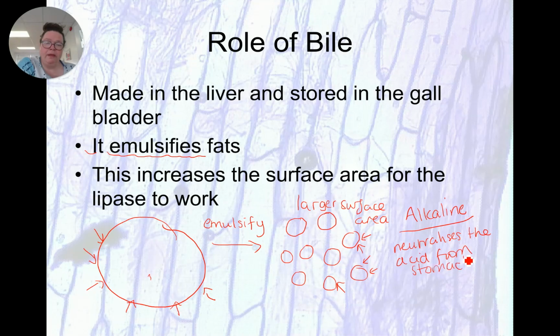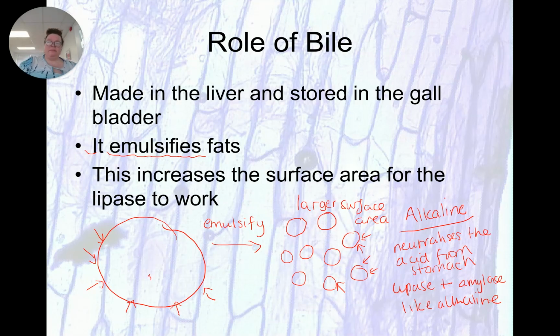Because the two enzymes here in the small intestine like it alkaline, so lipase and amylase like alkaline conditions. In the next video we'll look at what happens if they're out of their right conditions. Okay, so the role of bile: emulsifies fats and neutralizes the acid from the stomach.